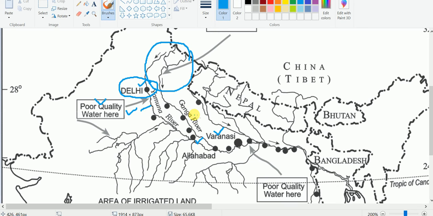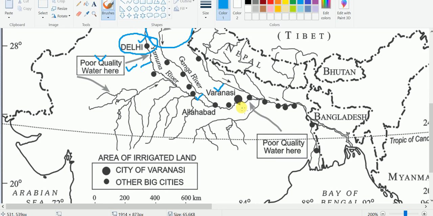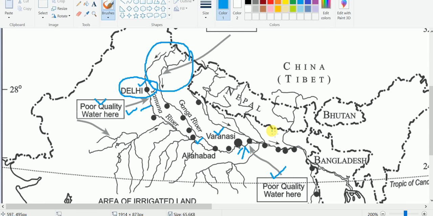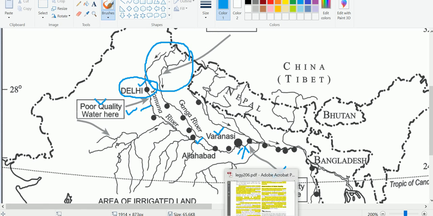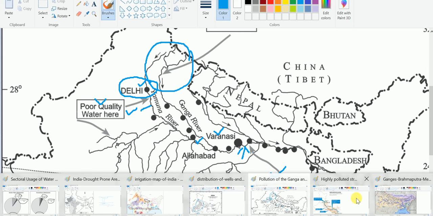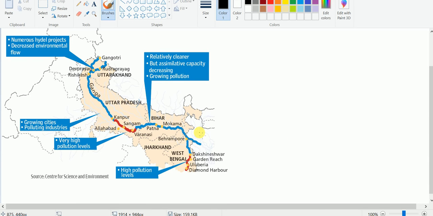After flowing through these big cities, in this area the quality of water is poor. Let us see another one. Just see this area from Kanpur to Varanasi. Highly polluted. Very high pollution level is there.